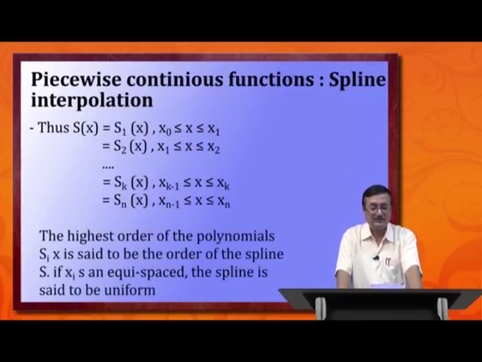The highest order of polynomial S_i(x) is said to be the order of the spline S. If the x_i's are equispaced, the spline is sometimes said to be a uniform spline, or otherwise it is a non-uniform spline.